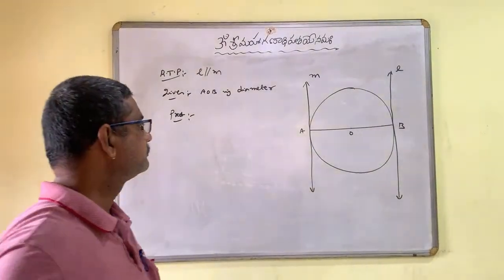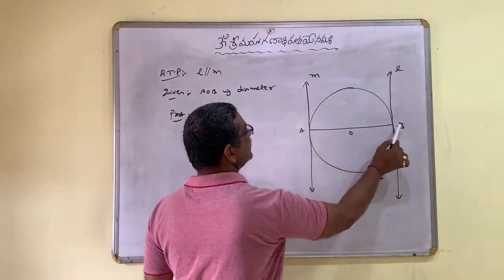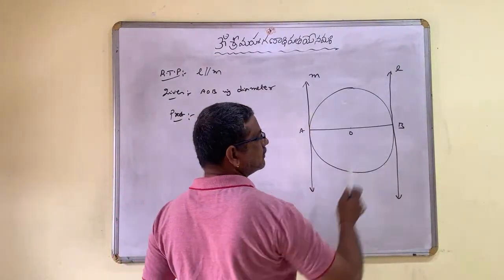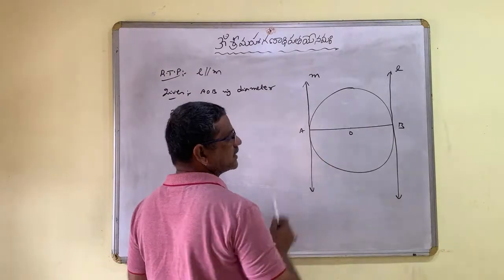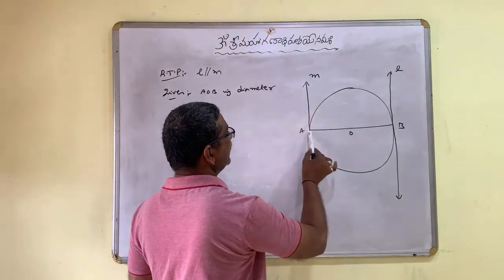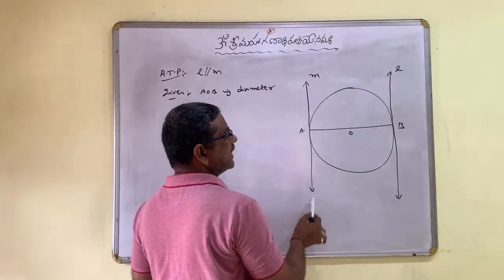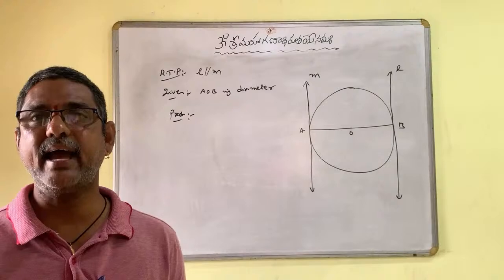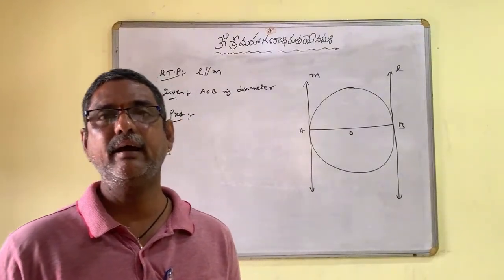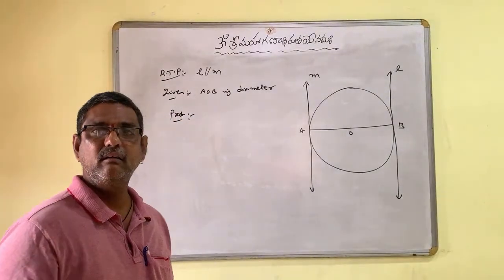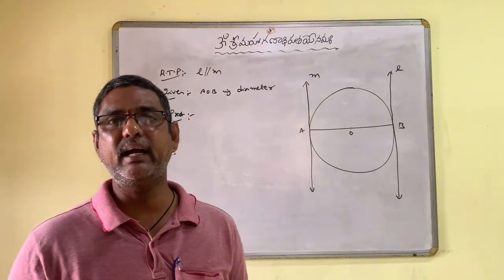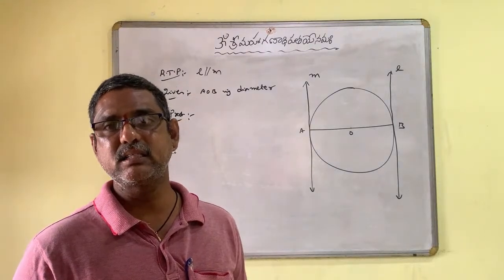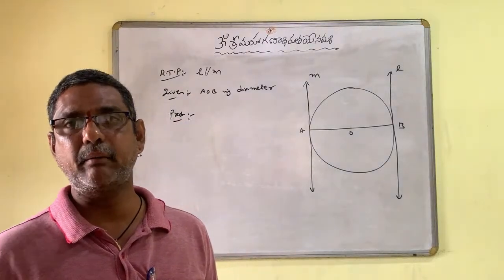Now, observe here. AOB is the diameter, and OA is the radius, and M is the tangent at A. And we know that the radius is perpendicular to the tangent at the point of contact.